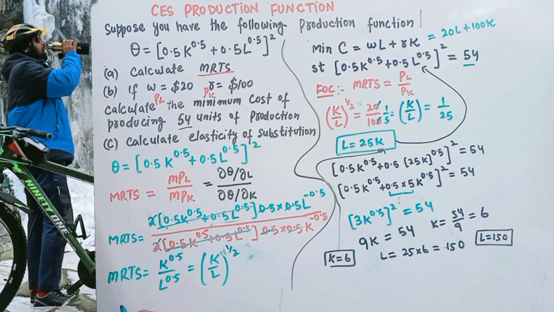So let's write it here. Our cost will be equal to 20 times the units of labor, which is 150, plus 100 times the units of capital, which is 6.